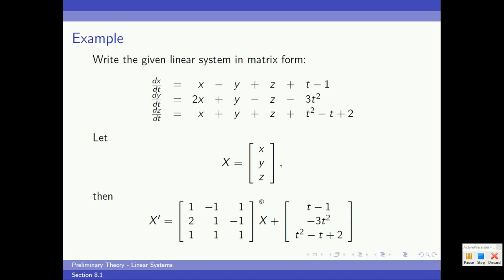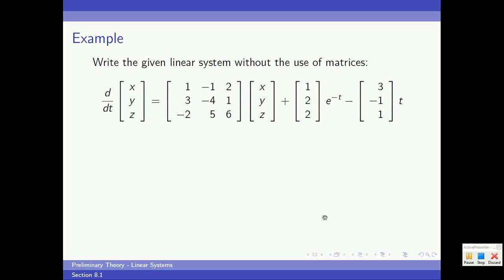What's in front of the z, it's a 1. Because then you have this row times the x, y, z, which should give you this. So you have 1 times x minus 1 times y plus 1 times z. And then you put all of the first forcing function terms into this last one. So this is your A and this is your F.